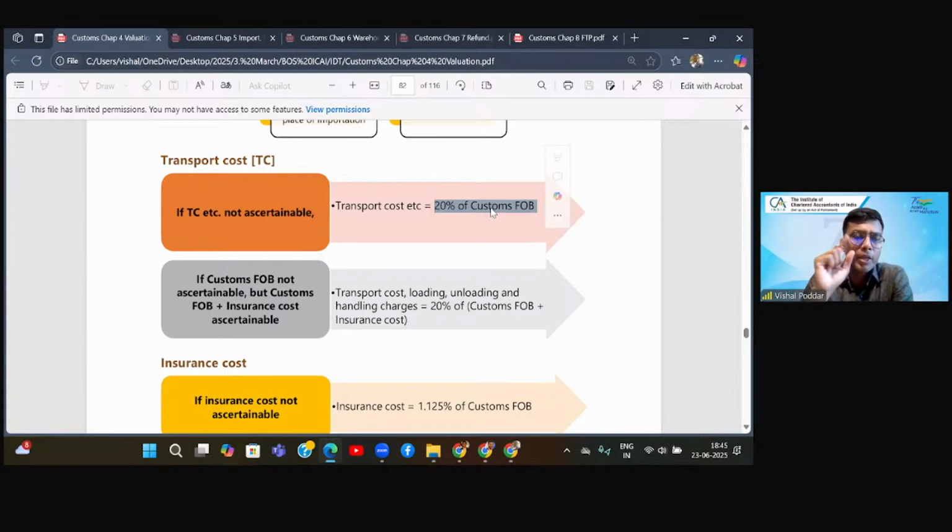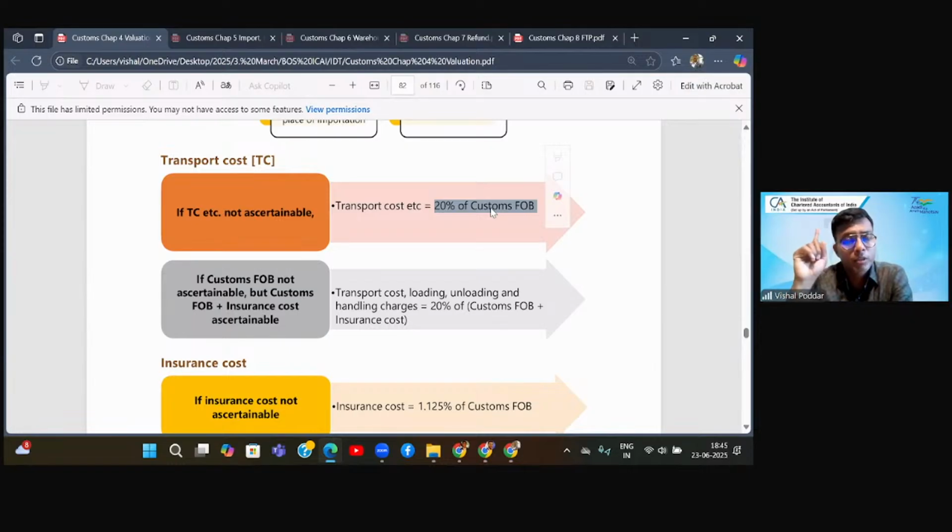So what is the rule? If the transport is by any other method except air, then the rule is you will take the actual freight if given. If not given, you will take 20% of FOB.